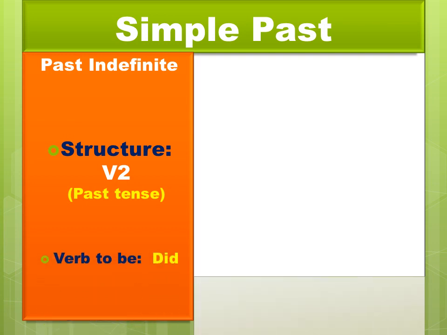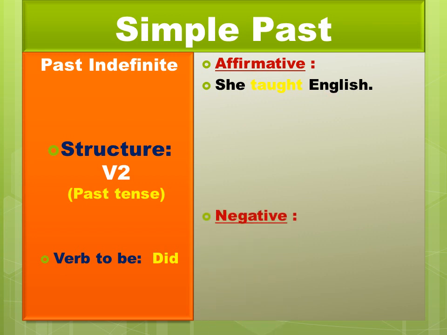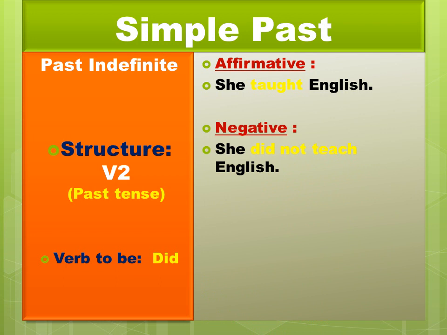Now let's learn how to write an affirmative sentence. She taught English. Here she is the subject. Taught is the past tense of teach. So here taught is V2 and English is the object. Now how to frame a negative sentence?